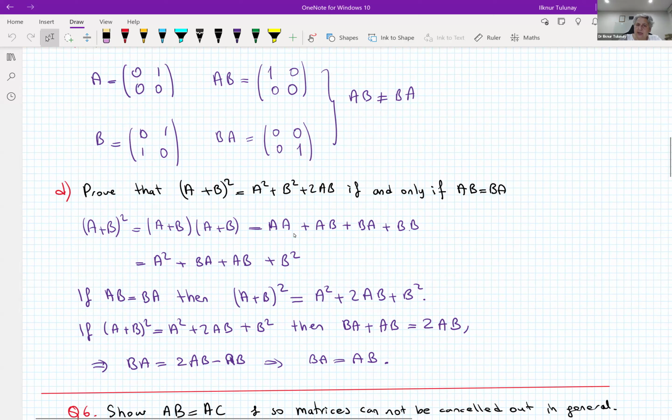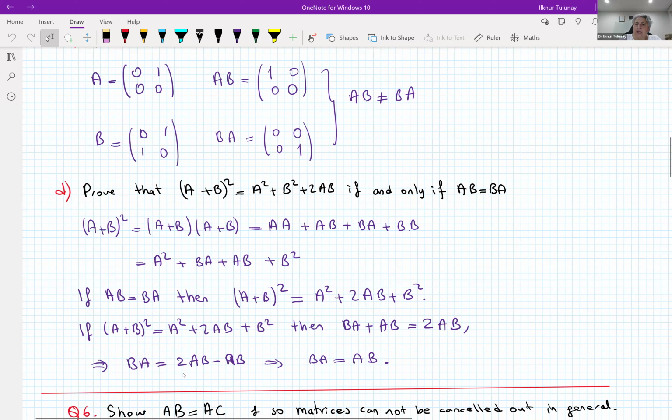A times A is A squared, A times B is AB, B times A is BA, B times B is B squared. So here I have AB and BA. If they are commutative, then I can write A squared plus B squared plus 2AB. If this equality holds, then it means that A squared plus AB plus BA plus B squared is equal to A squared plus 2AB plus B squared.